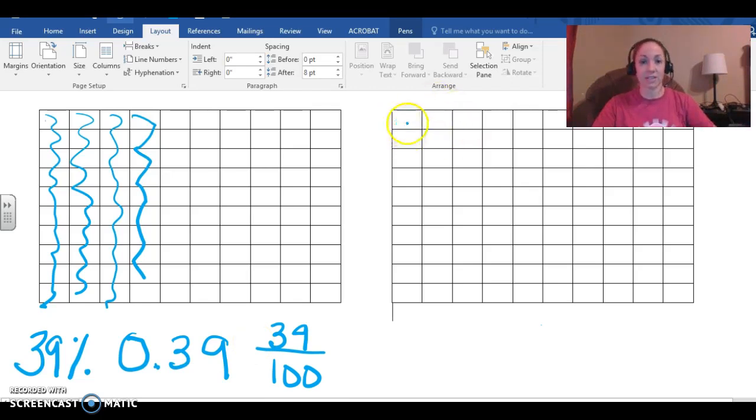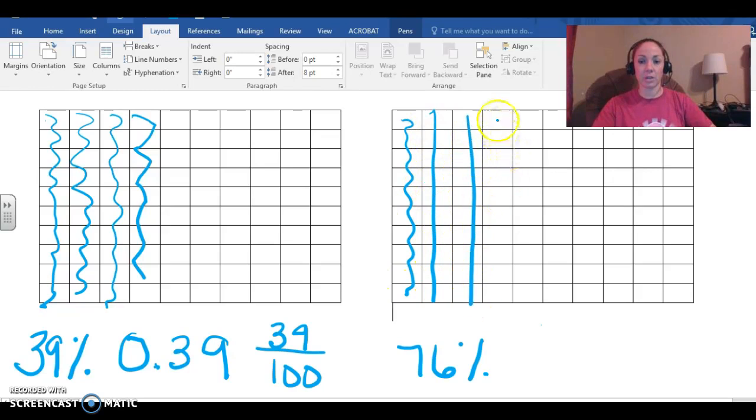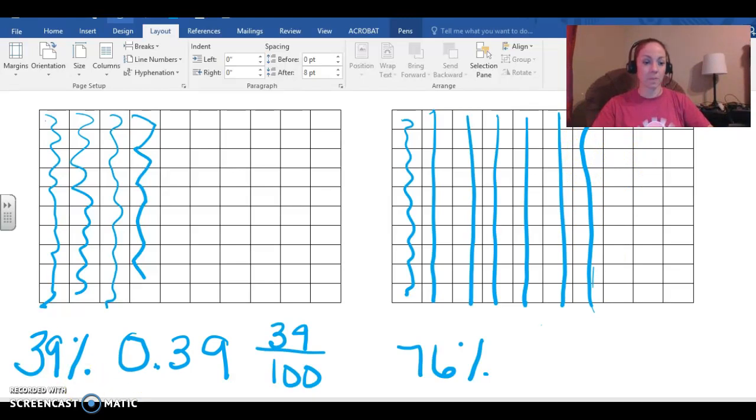All right, last one, 76%. Now we have to show it on our hundreds grid. So there's 10, 20, 30, 40, 50, 60, 70. And it looks like we're going to have to count on these extra 6 going up because my face is in the way.